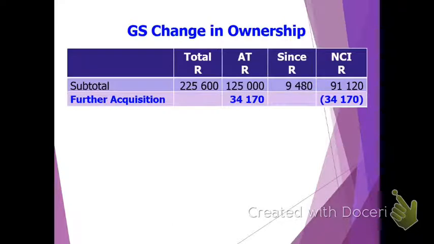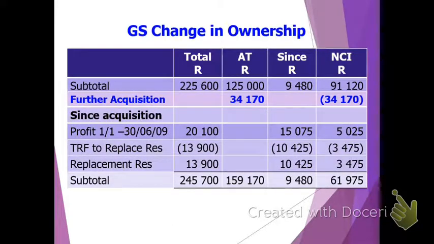Now that we've calculated that further interest, we just have to continue with the SINS acquisition for the rest of the period. But now remember, the parent now has a 75% interest in this company. The 60 that we held previously plus the 15% that we purchased. Therefore, 75%.